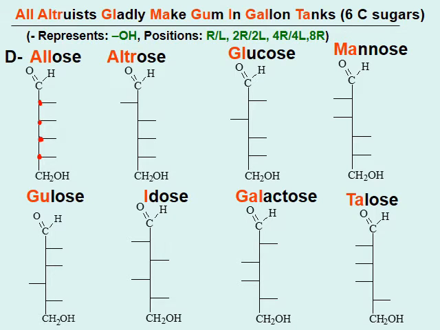Since we are going over D, my bottom chirality center would have OH on the right, OH on the right, OH on the right, OH. So I'm just filling in with OHs. Okay, so I took care of D.